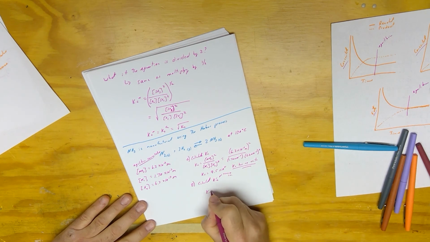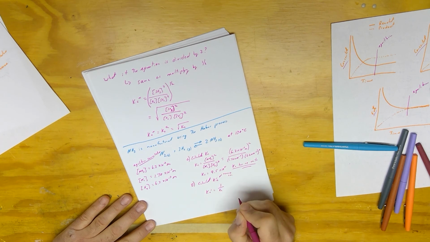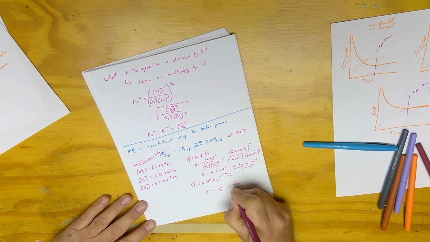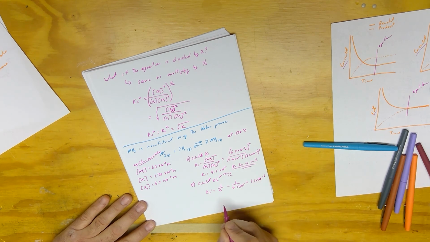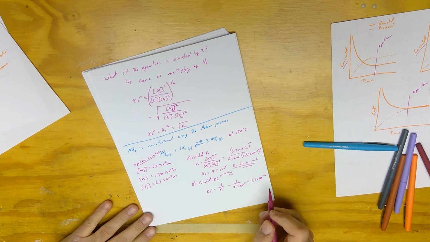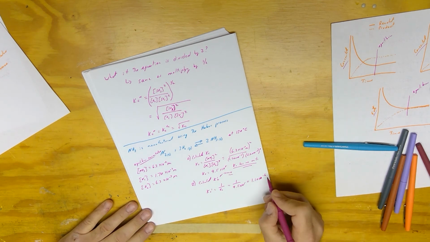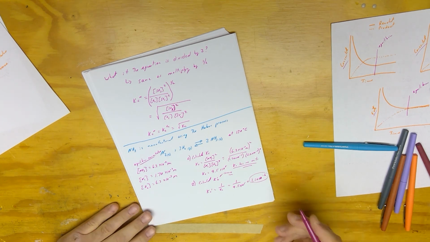Look, Kc prime is equal to 1 over Kc, or 1 over 9.5 times 10 to the 5th, or 1.1 times 10 to the minus 6th. All right, so it's just an easy way to calculate the equilibrium constant for the reverse.